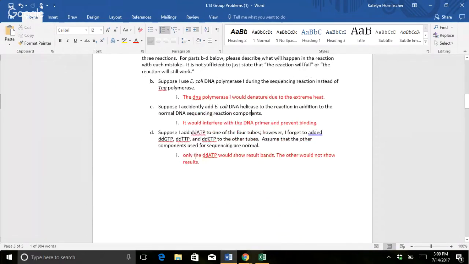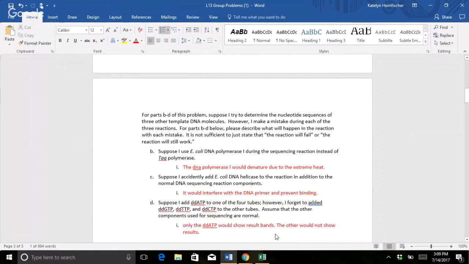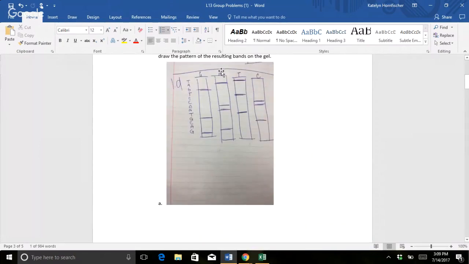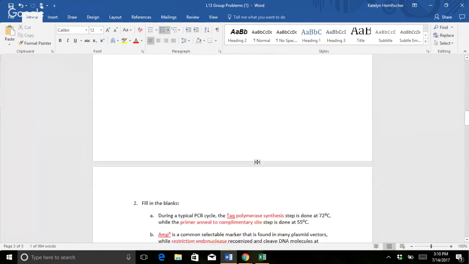For D, only the bands on the ddATP would show up. You wouldn't be able to see any of the other ones because they don't have what is needed to show where the G is, where the T is, where the C is. And that is number 1.